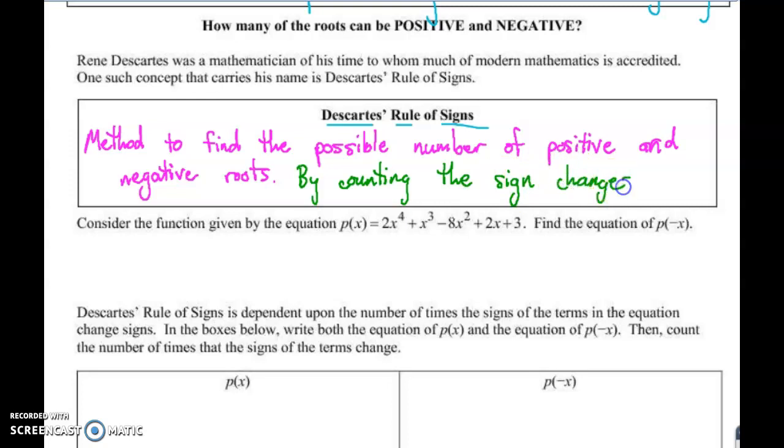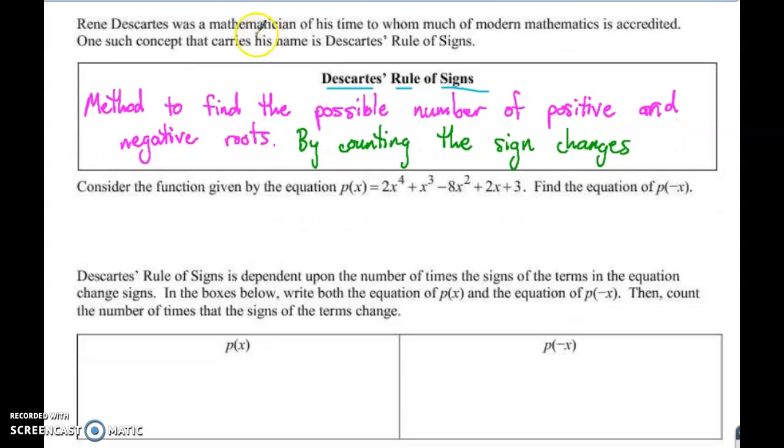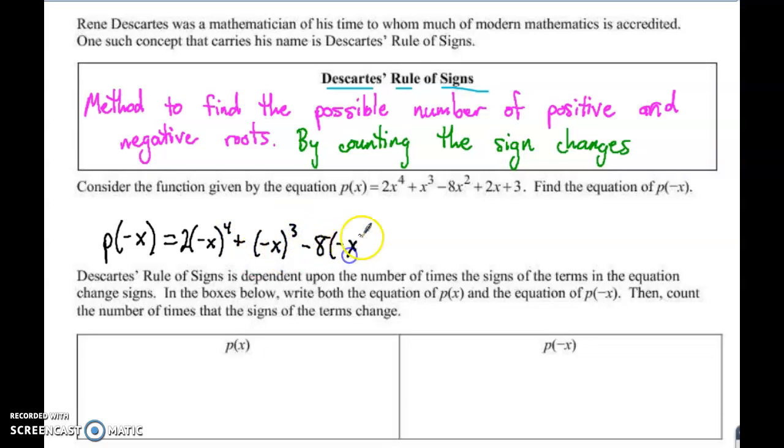So before counting the sign changes, though, I need you to practice and make sure that you understand what happens when you do p of negative x. If I ask you to do p of negative x, that means putting in a negative for all of those x values. This is why we did this in Unit 1, because Unit 1 was the lifeblood of everything that we do in pre-calculus.